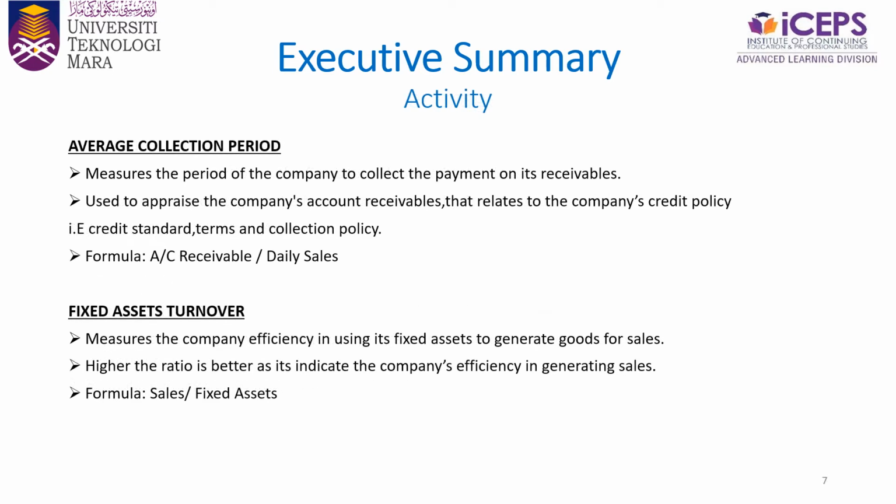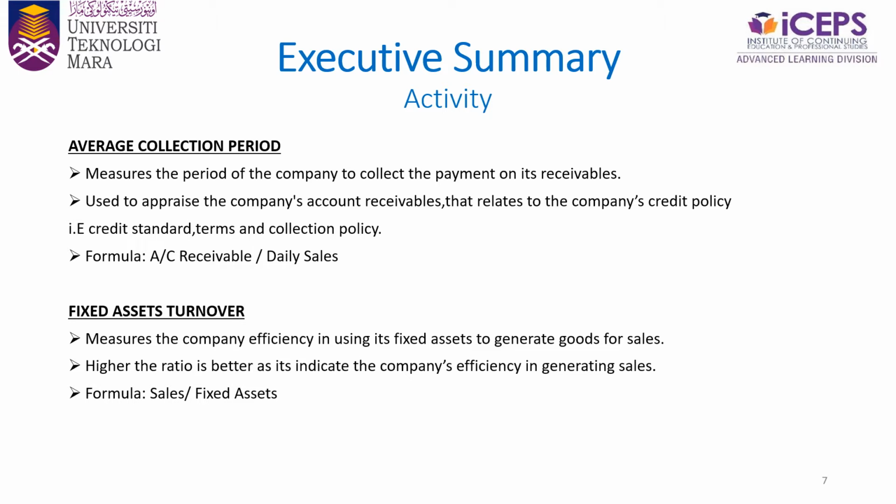And then we have activity. Average collection period measures the period the company takes to collect payment on its receivables. It is also used to appraise the company's accounts receivable as related to the company's credit policy, for example credit standard, terms, and collection policy. As for the formula, accounts receivable over daily sales.